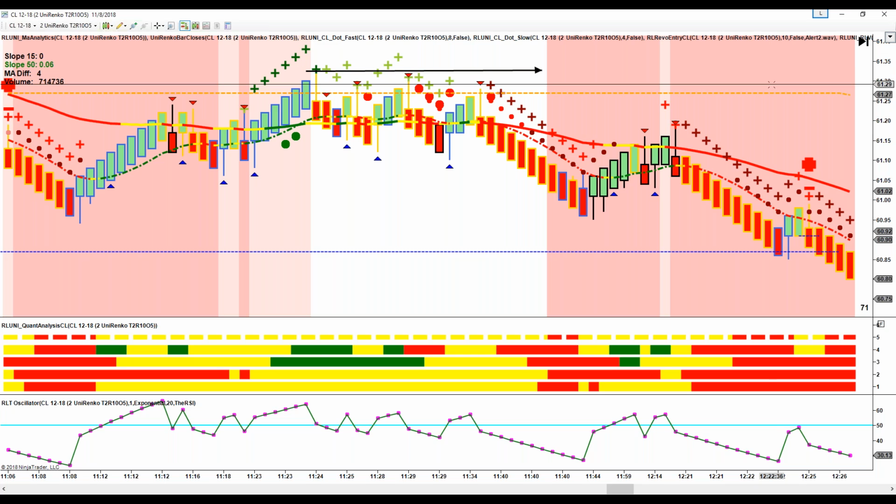And the guy who I read that first from, 20 years ago, was Alexander Elder. He wrote a book called Trading for a Living. I've actually talked to him. He sent me a signed copy of his book. What he proposed was called the triple screen method of trading.